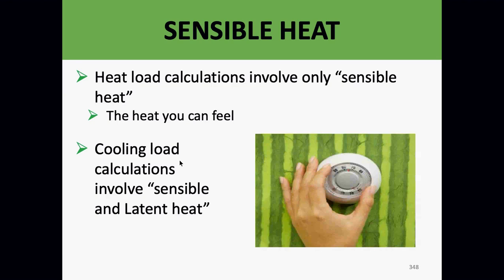Cooling load calculations involve both sensible and latent heat. That's why we use two different numbers and two different columns for our heating and cooling load, as well as the different directions of walls, windows and doors. Any questions on this slide? This is sort of important.